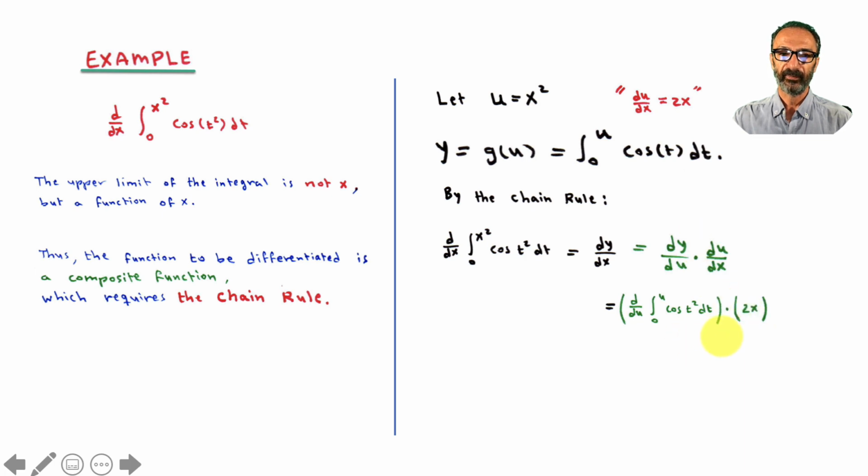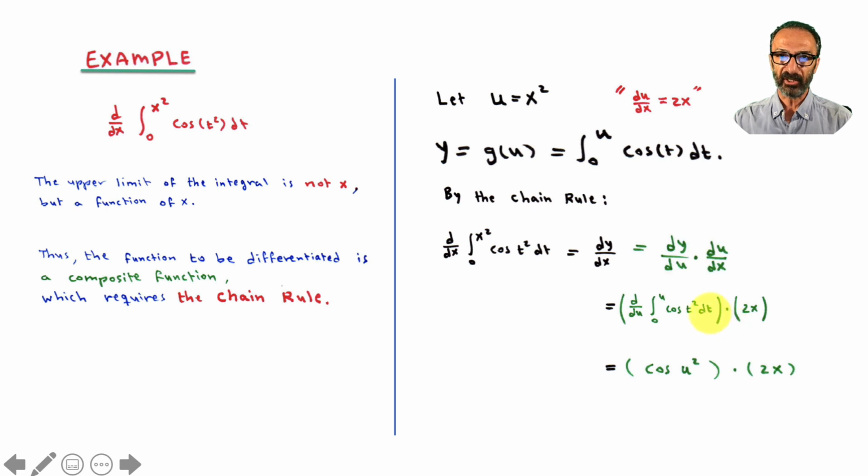Alright? Cosine u square. This is d du of the integration. They cancel each other and we write u right here, and that will do it. From the previous problem, we didn't have a square, but same concept. The integration and the differentiation with the same variable cancel each other, and this is my main variable.